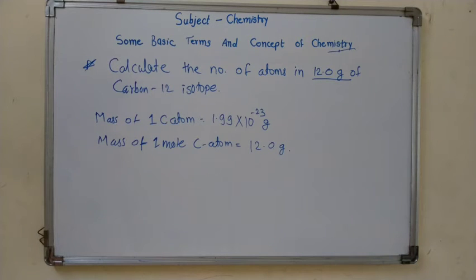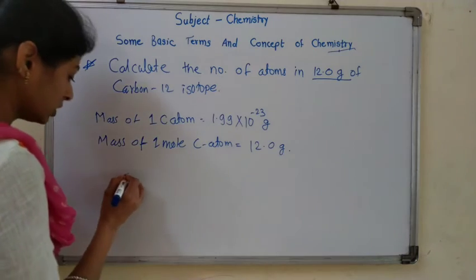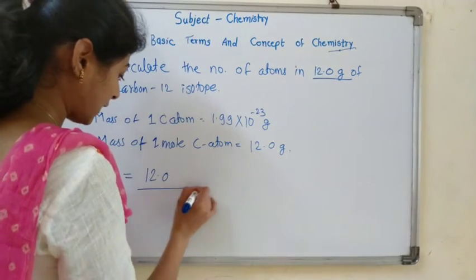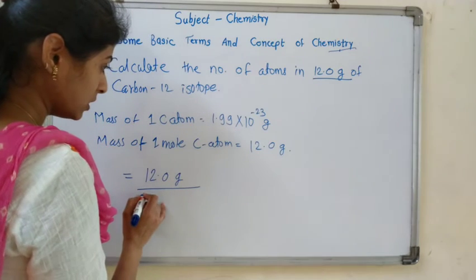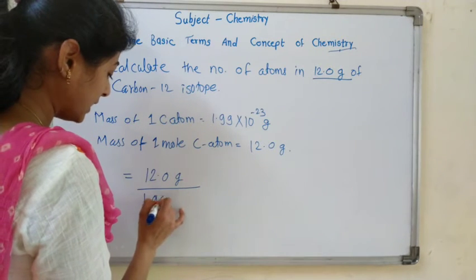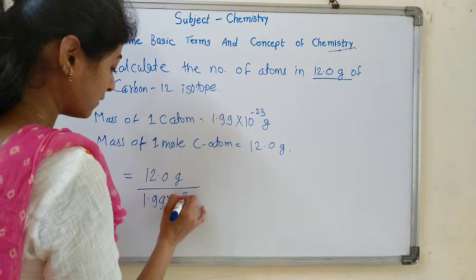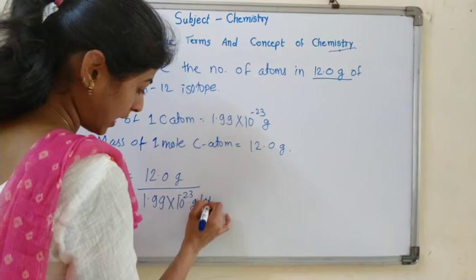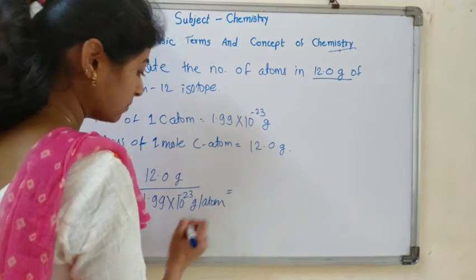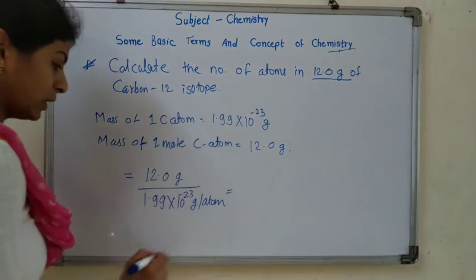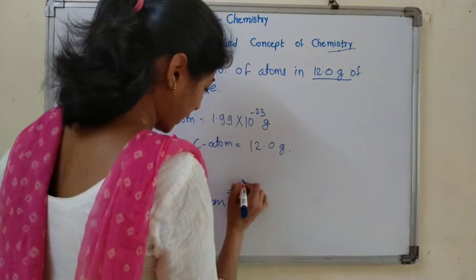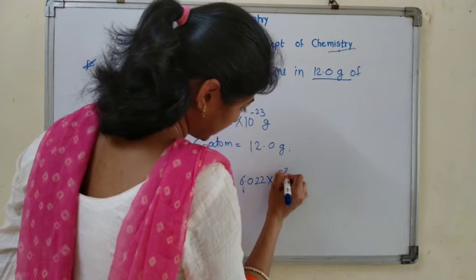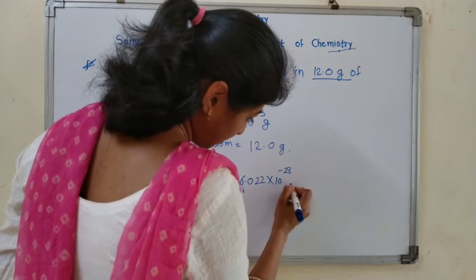So what will we have to do? Here 12 gram divided by 1.99 into 10 to the power minus 23 grams per atom. So the value comes out to be equal to 6.022 into 10 to the power 23 particles.